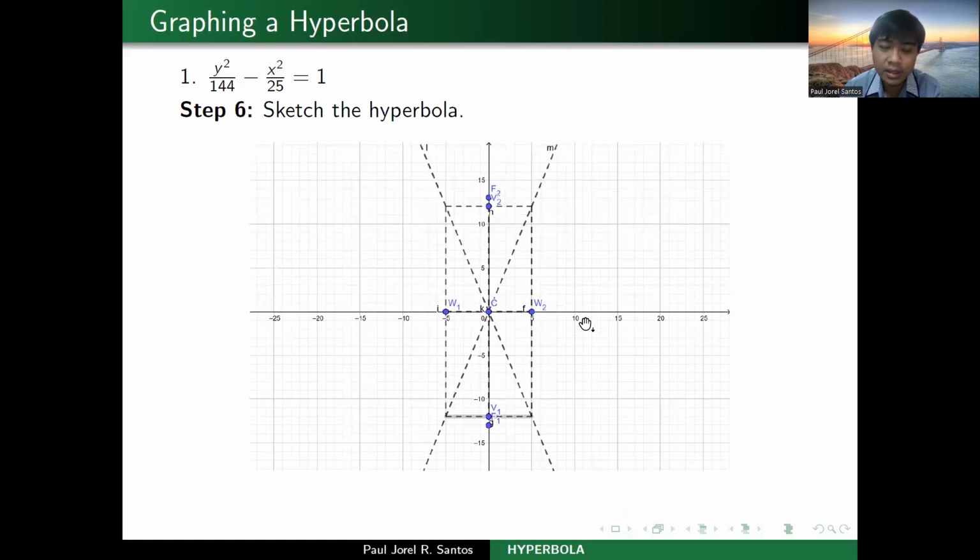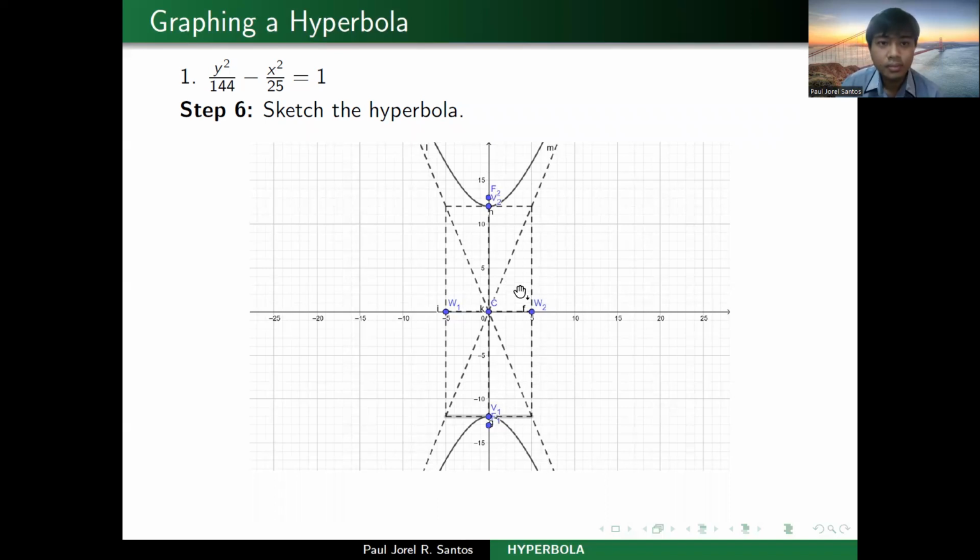Okay? And the last step is to sketch the hyperbola. Okay, since these are asymptotes, the hyperbola will not pass through them. And since the focus is here, and the hyperbola is vertical, we will draw it like this. Okay, and like this. To show you, this will be the hyperbola.